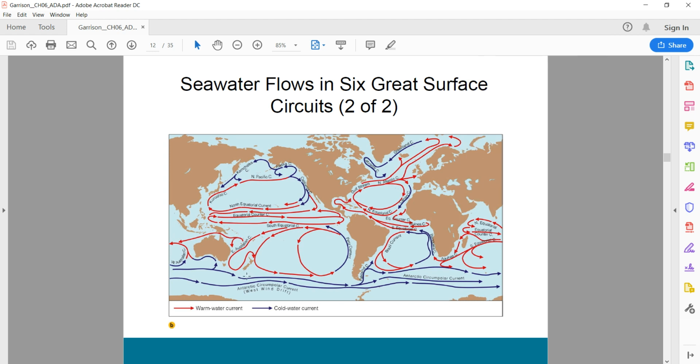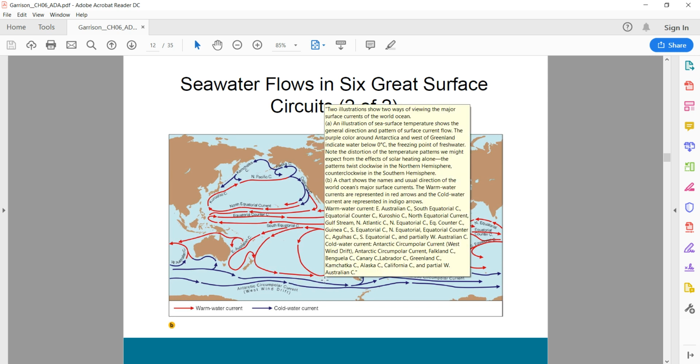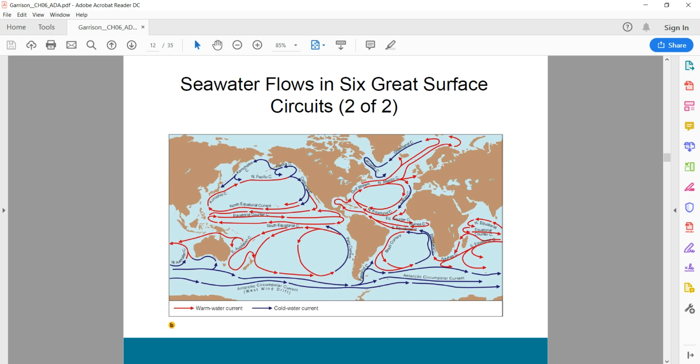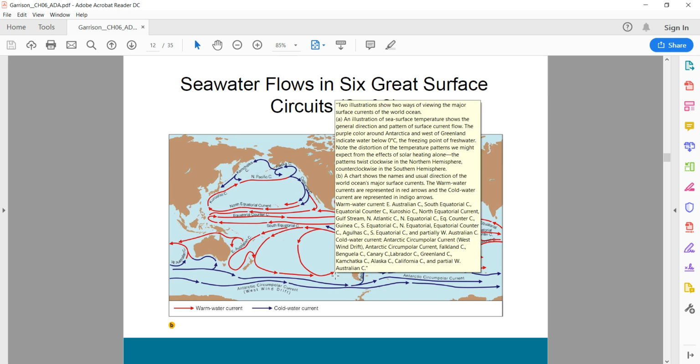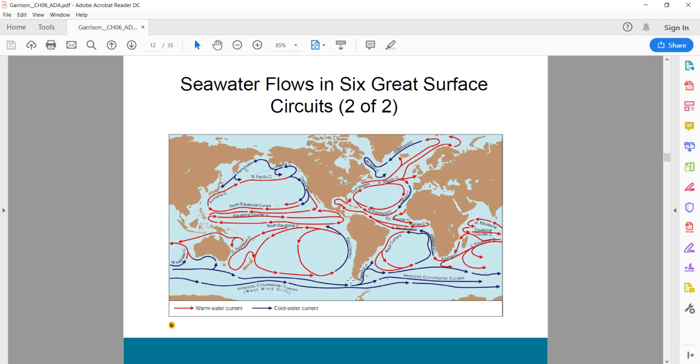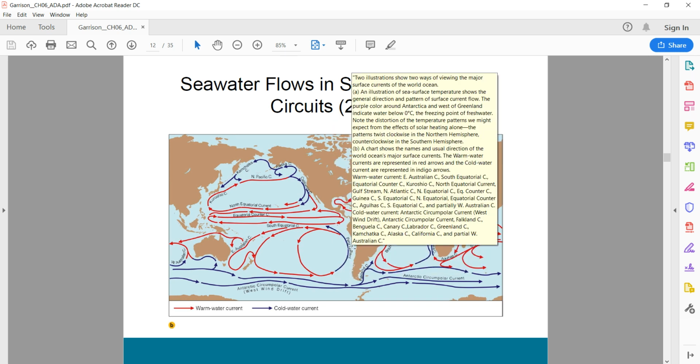And now look at the southern hemisphere. You have again the warmer air moving around here in the counterclockwise direction, but as it comes near the Antarctica region, it starts pulling cold water, and they start coming up here, and that's how the South American continent sees this cold weather here.